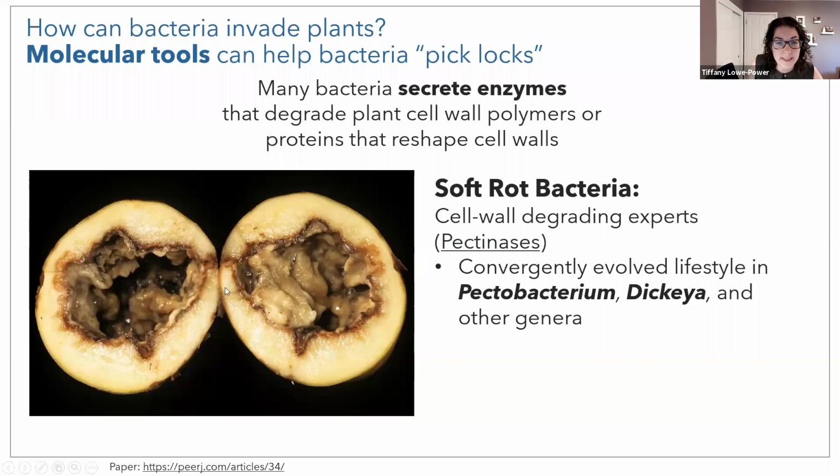And the way that these get completely goopy is that these bacteria are cell wall degrading experts, and they secrete a lot of pectinases that degrade the middle lamella pectin layer between all of these cells and just create this nasty goopy mess. And this is a convergently evolved lifestyle, the soft rot bacteria that's present in multiple bacterial genera, Pectobacterium, Dickeya, and so forth.